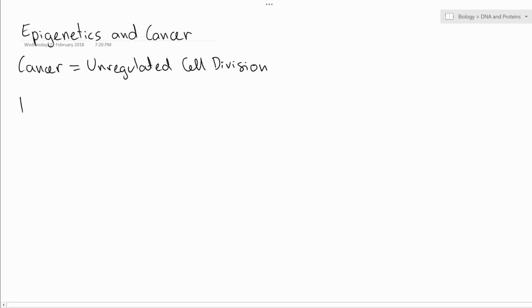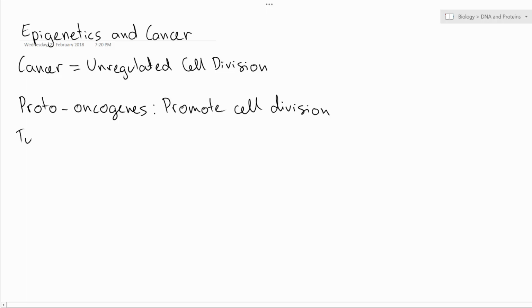So these two main genes that we're concerned with are something called proto-oncogenes. And what proto-oncogenes do is they promote cell division. And our second type of genes that we are worried about here are something called tumor suppressing genes.